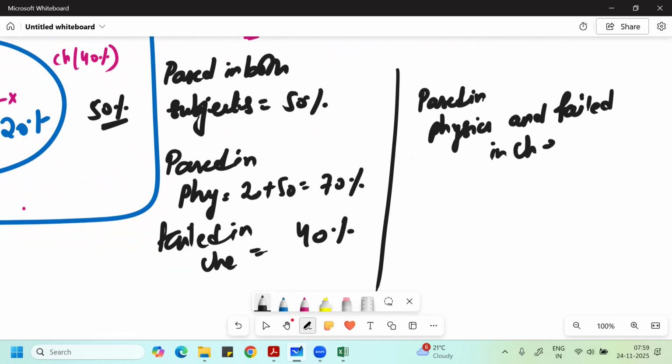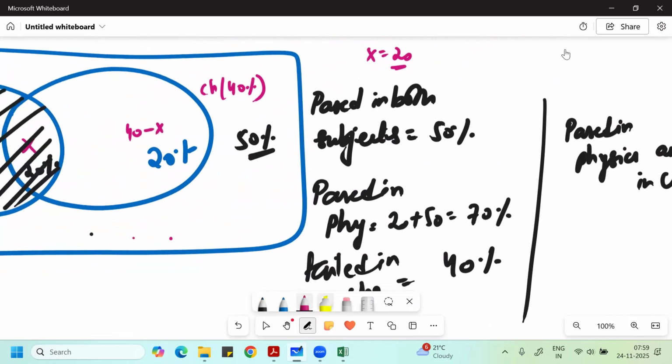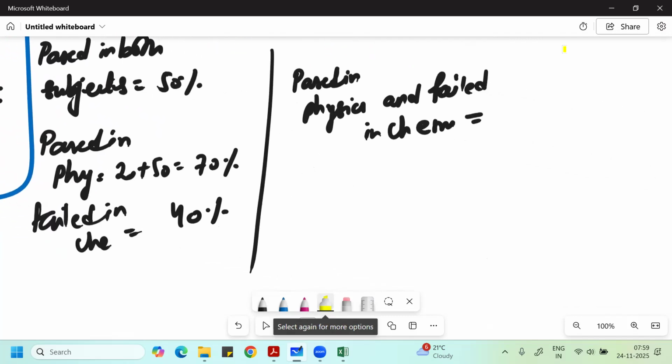What is the intersection? These are the people who failed in chemistry and passed in physics. That intersection is 20%.